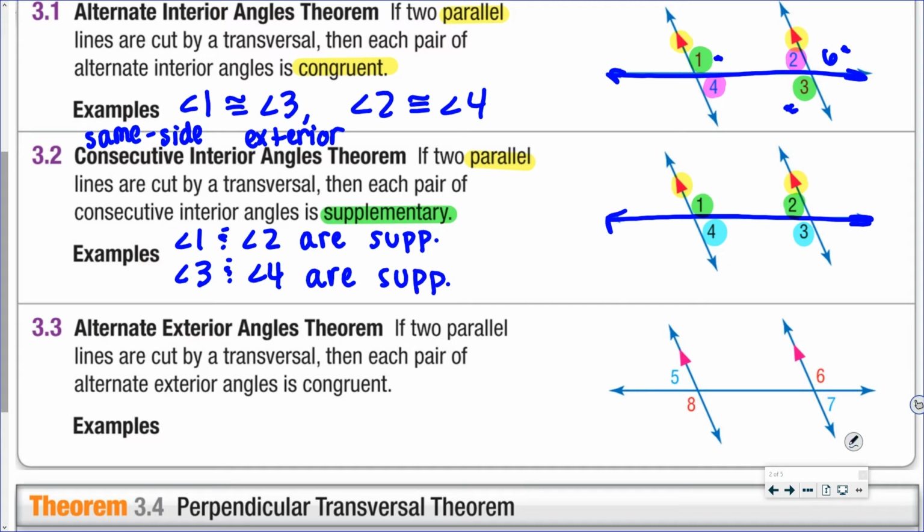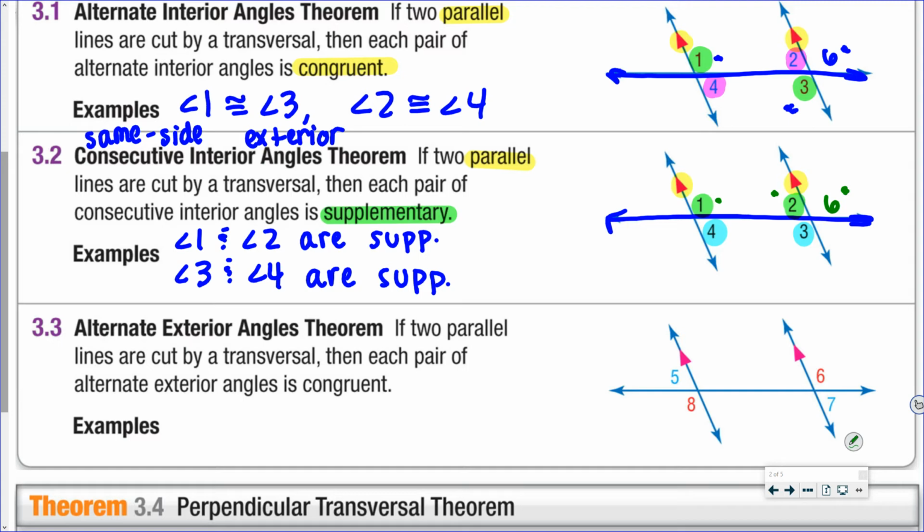Okay. Let me quickly explain why this works. Okay, I don't have to write this down. We know corresponding angles are congruent. So let's say this is angle 6 again. Angle 1 and angle 6 are going to be congruent. What's the relationship between 2 and 6? Supplementary. They're a linear pair.